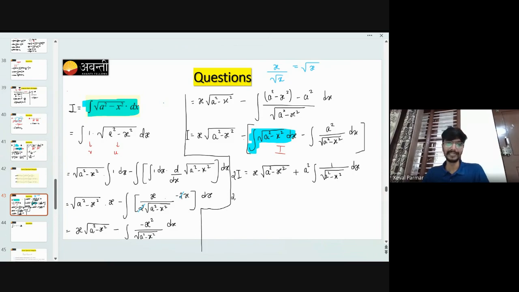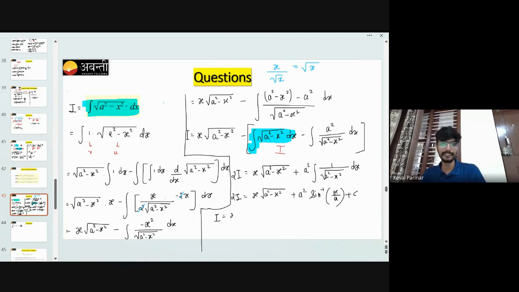Now 2I will be equal to x under root of a square minus x square plus a square. This is the standard integral. What is the integration of this? It is sine inverse of x by a plus c. Now I wanted the value of I, so I need to bring 2 on the right hand side.